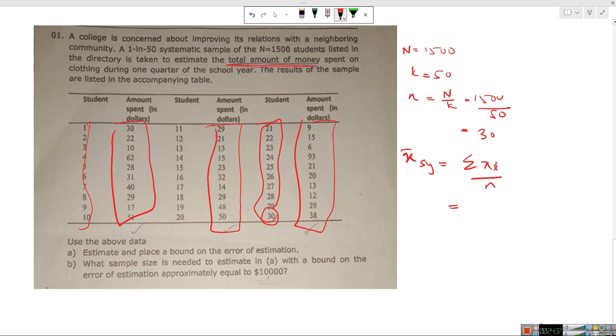If you add all these values, you get 850 divided by 30. So the answer is 28.333. Now we can find out s squared, right? s squared is equal to the summation of (xi minus x bar) squared divided by n minus 1. So now this is equal to, we can use this equation also.